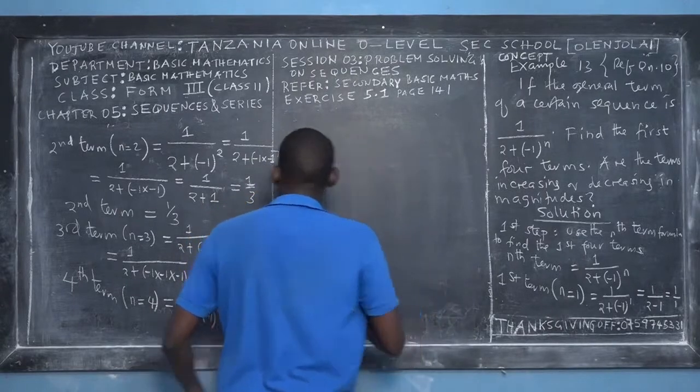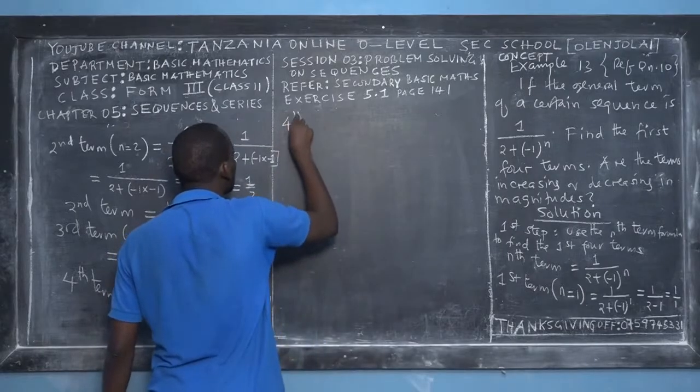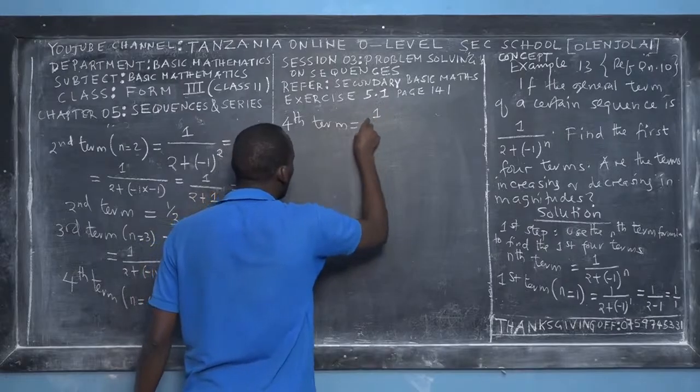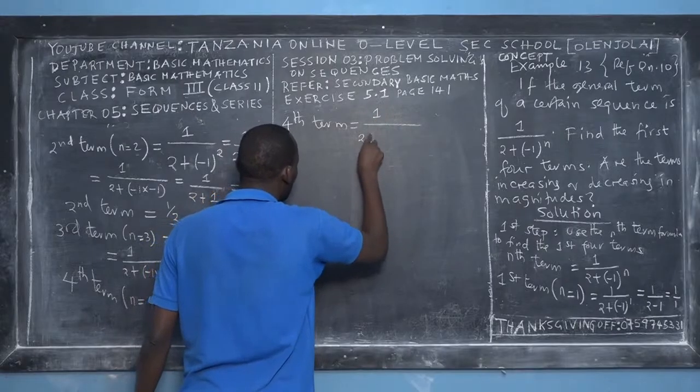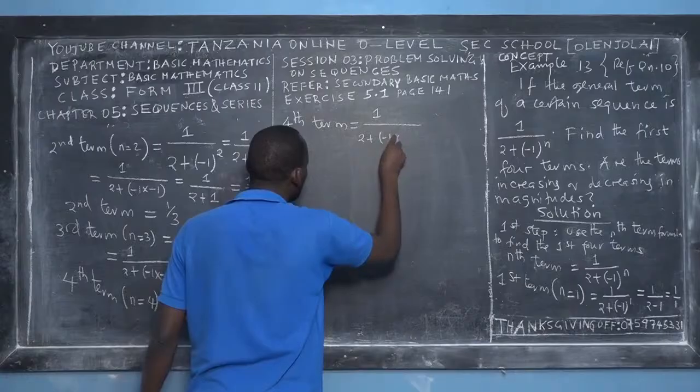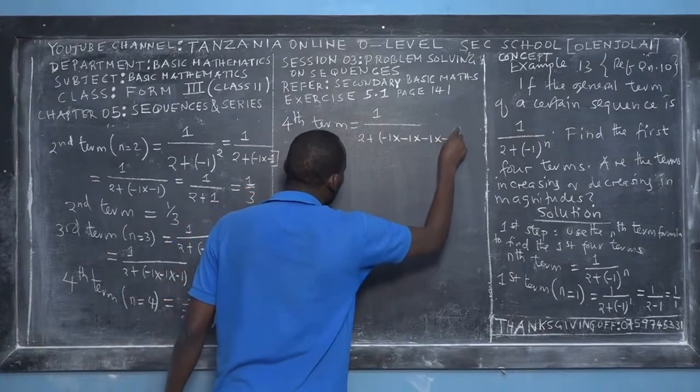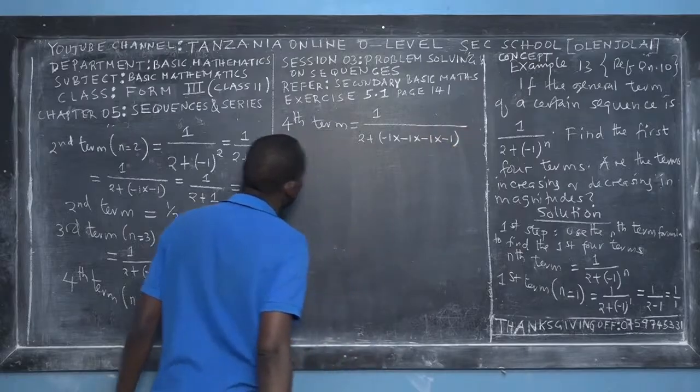For the first term, we say that it should be 1 over 2 plus negative 1 times negative 1 times negative 1 times negative 1. Right?